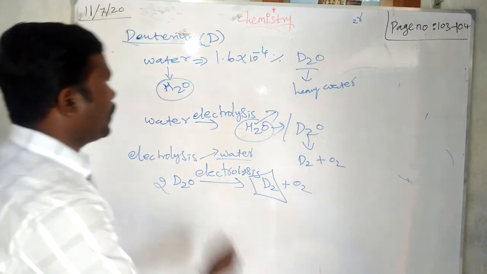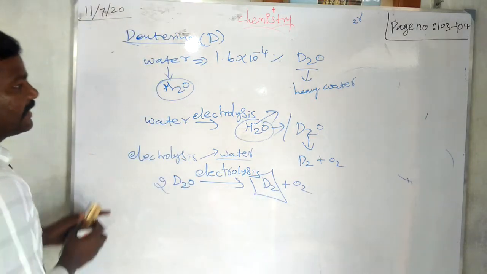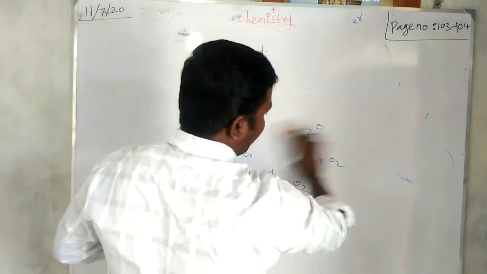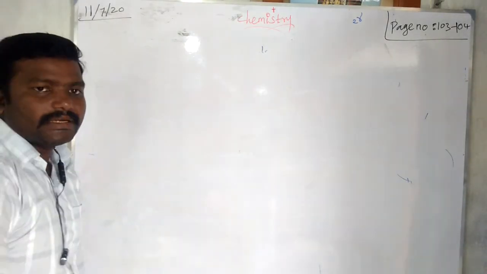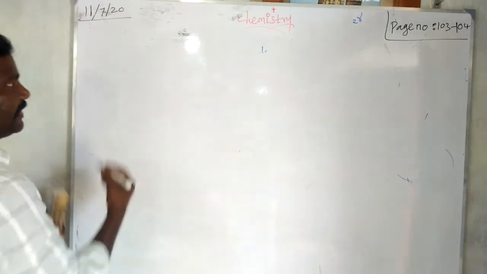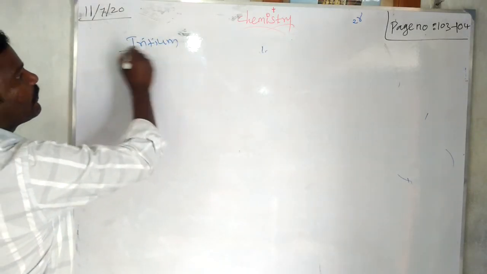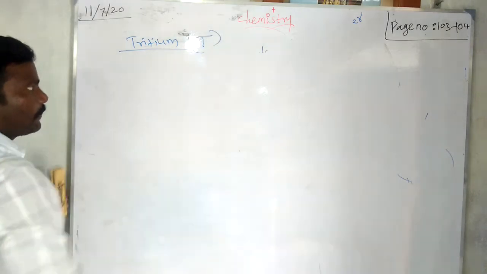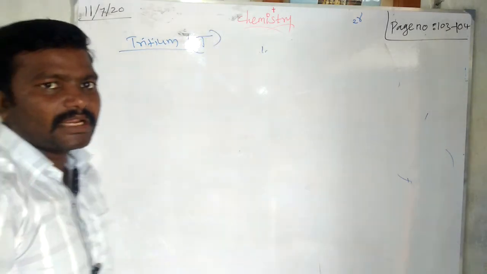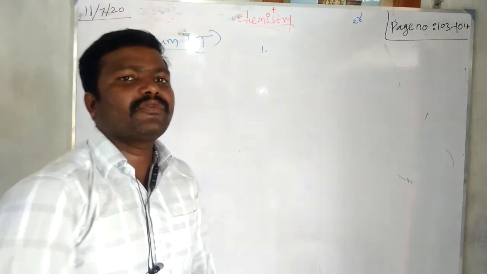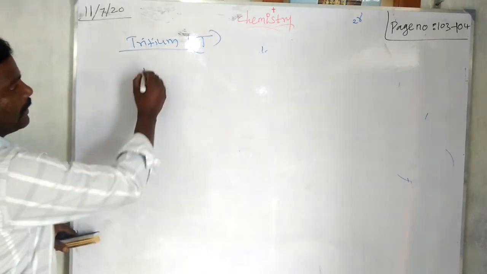The last isotope of hydrogen is tritium. Tritium, we know, is present in very trace amount in nature, very small amount. So small amount means we cannot get it from nature. So we are going to prepare it artificially. How will you prepare?